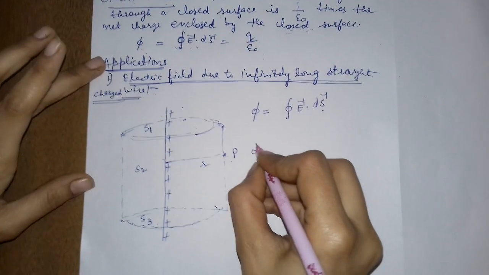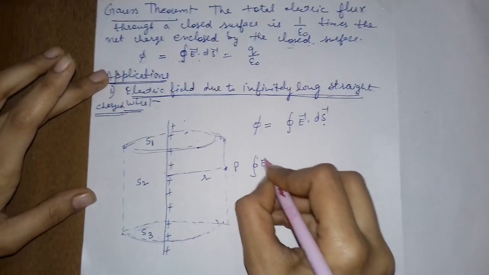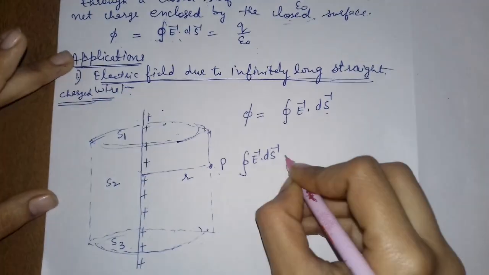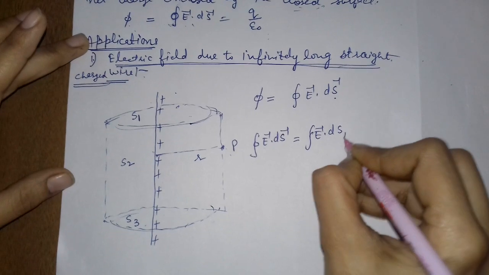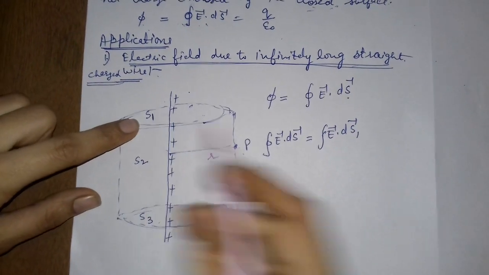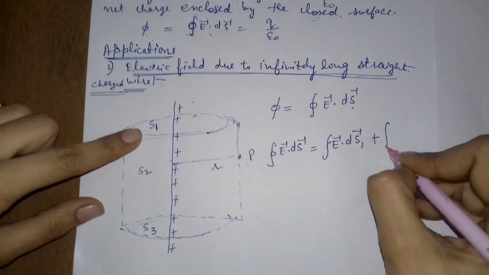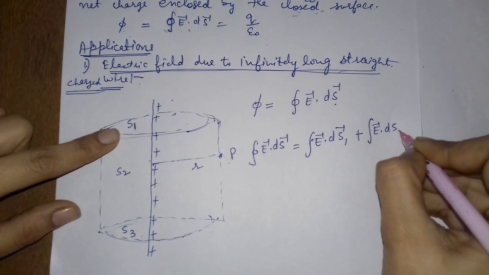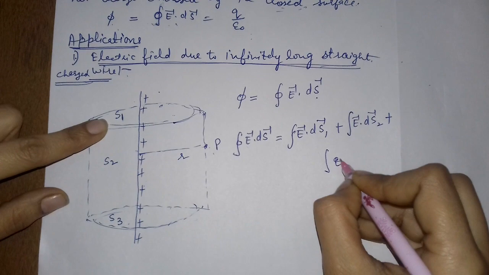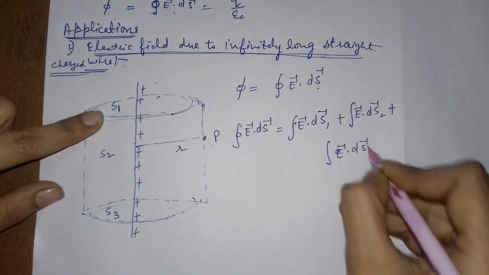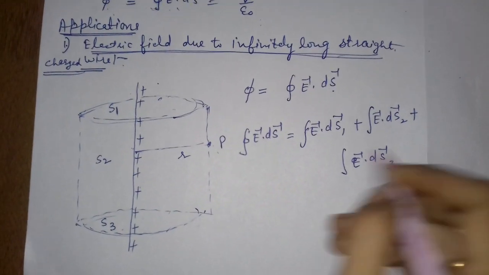That means the total flux, closed integral of E dot ds, is the integral of E dot ds1, plus E dot ds2, plus E dot ds3, right?